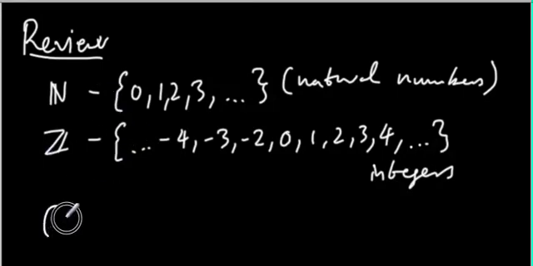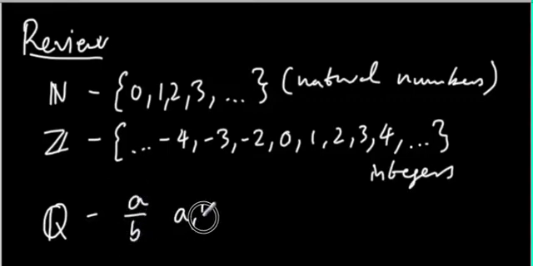The next one we went through was the rational numbers, and basically this was described as any number that can be described as a fraction a over b, where a and b are elements of the integers. So this little e here stands for element.